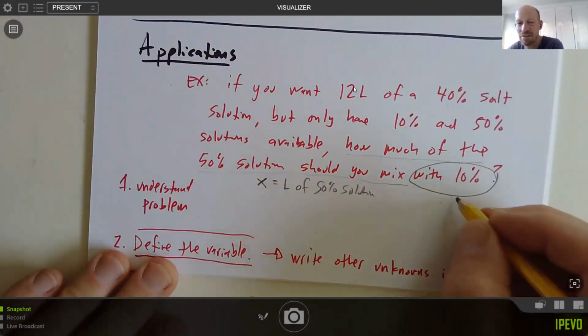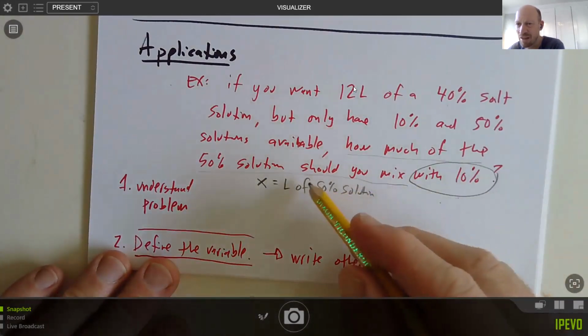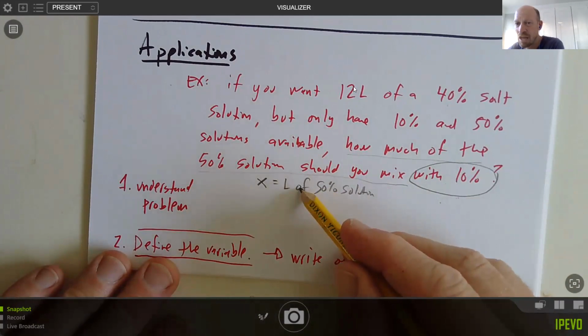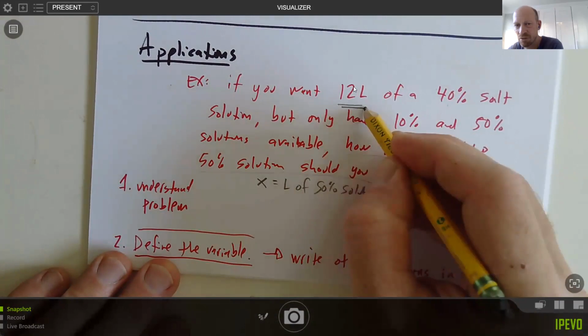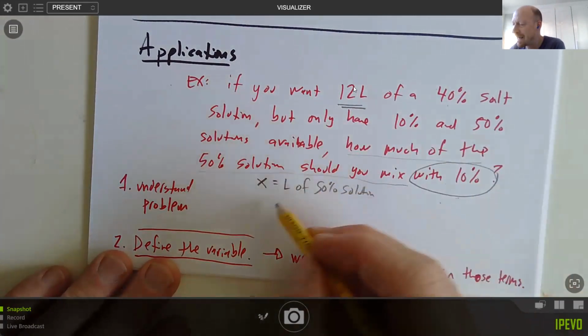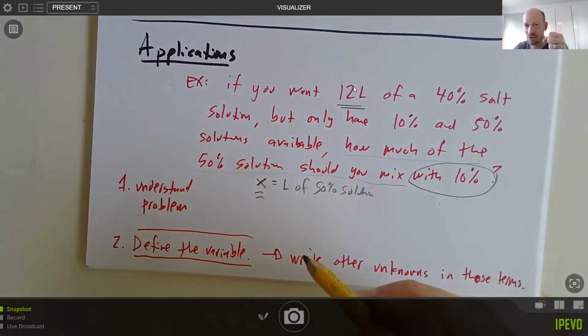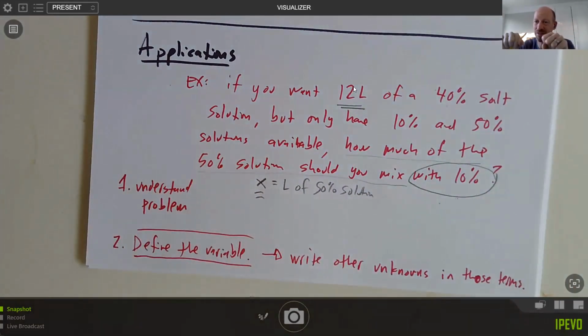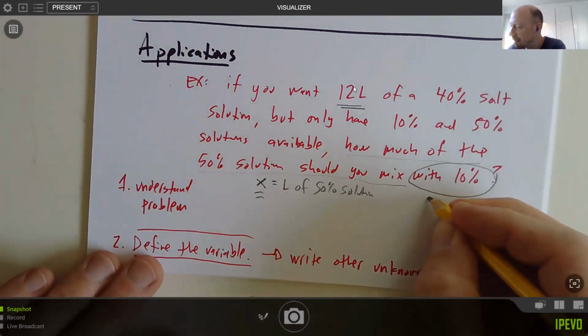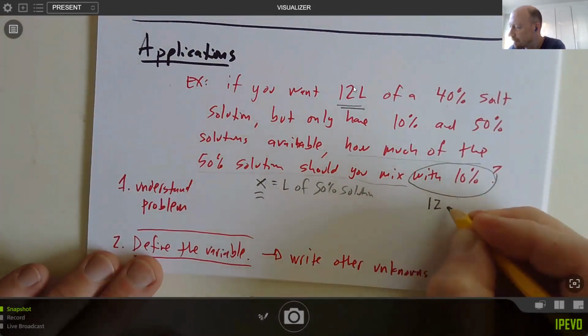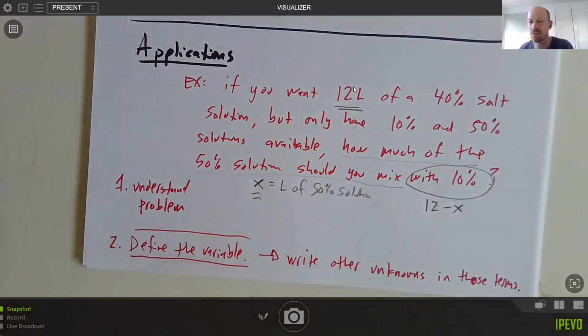So I'd like to write this in terms of X. If I know my final mixture is 12 liters, and I have X liters of the 50% solution, the rest of it has to be the 10% solution. So we can write that as 12 minus X.